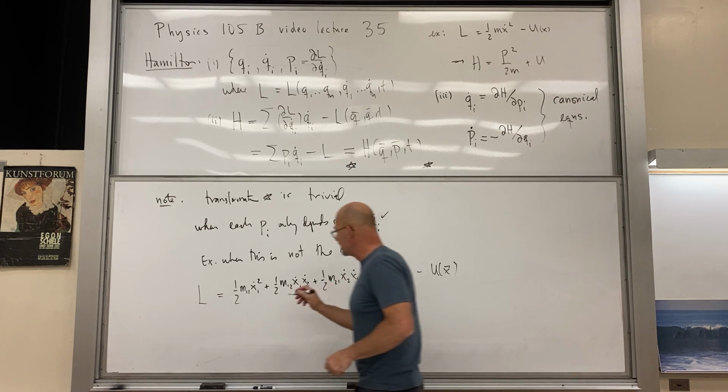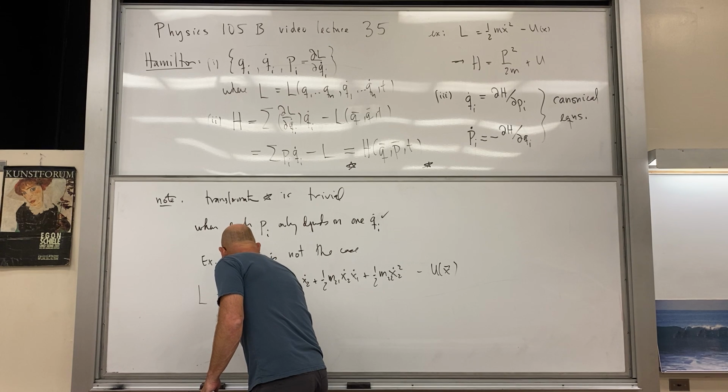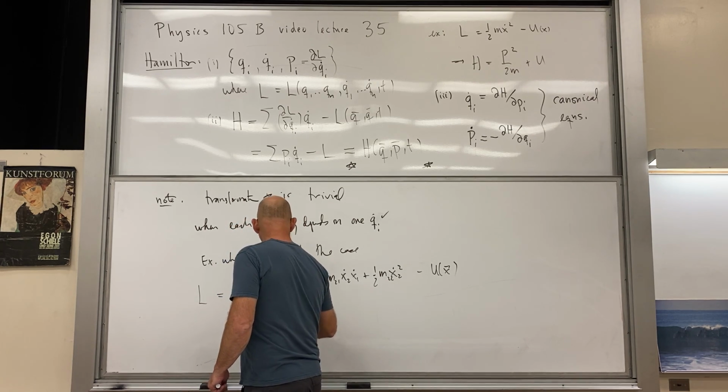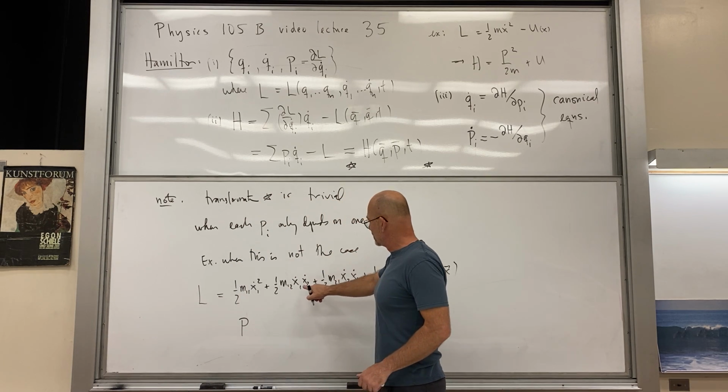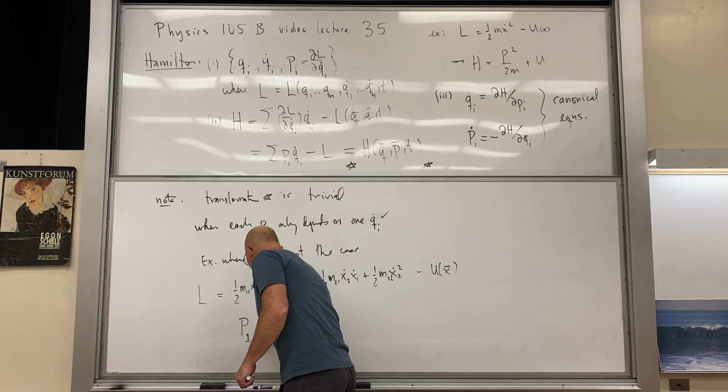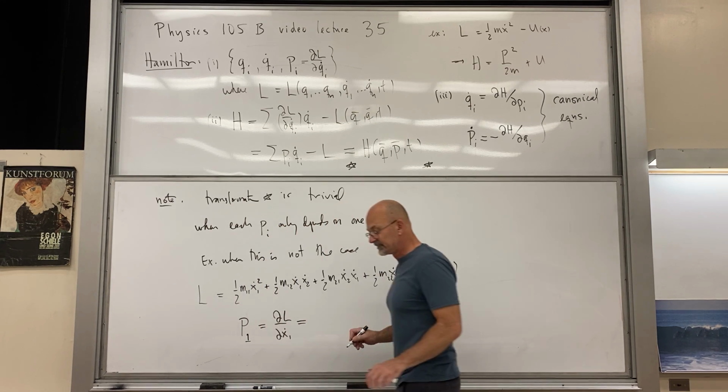Now let's go ahead and do this. Since we have two coordinates, we're going to have two momenta. So what's P sub 1? It's dL/dx1 dot, right?